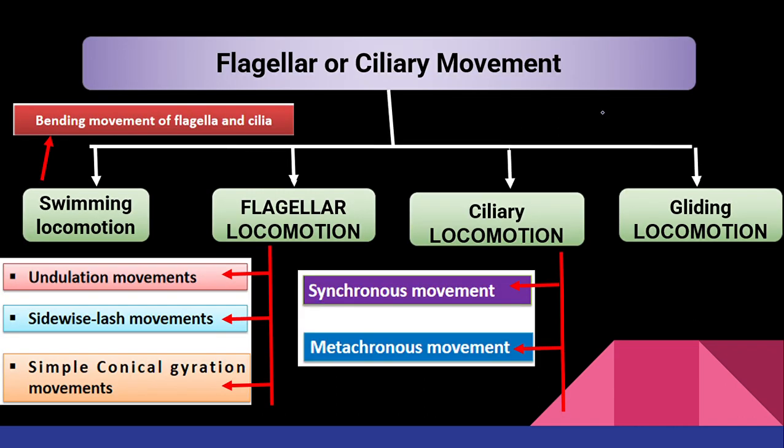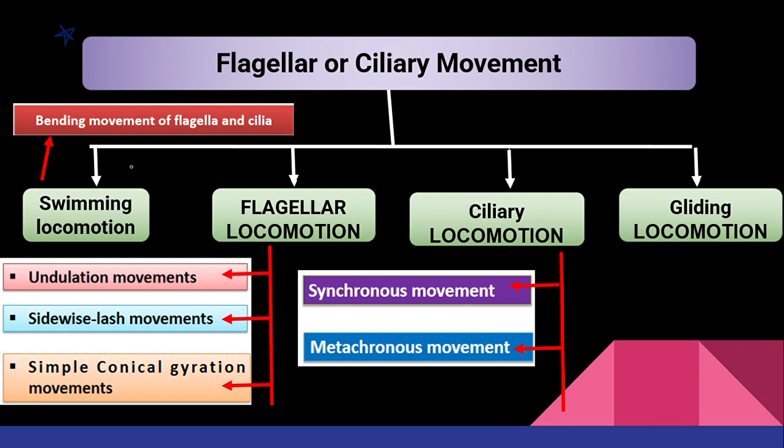Let's begin our class. Now, I want all of you to prepare this chart so that it will be easy for you to remember the concepts. Everything has to be there in one page. Flagellar or ciliary movement. There are four types of locomotion we are going to talk about.